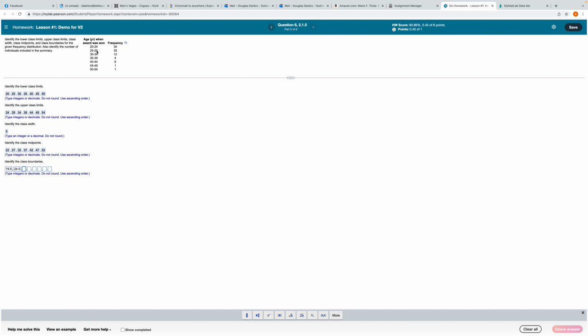And then separating 29 and 30 would be 29.5, of course. And then 34.5, 39.5, 44.5. I'm always worried about a typo here. And then the upper would be, of course, 54.5.